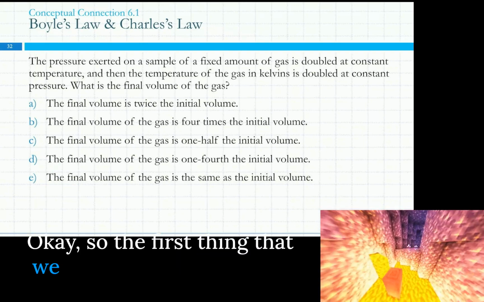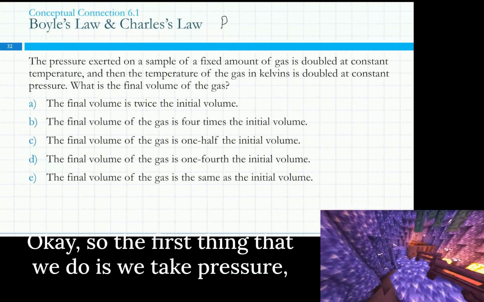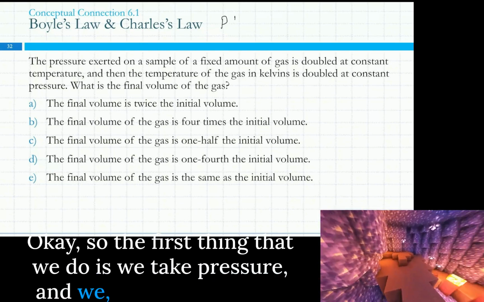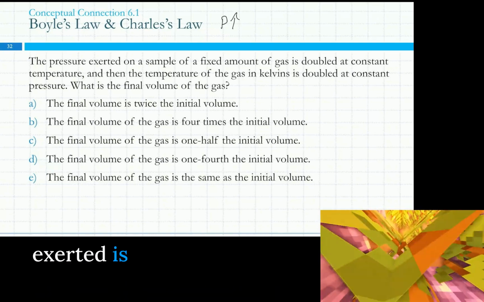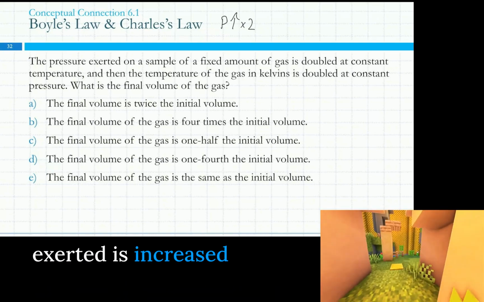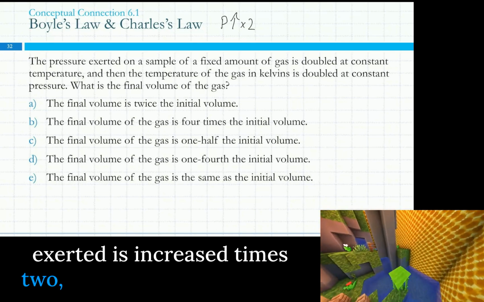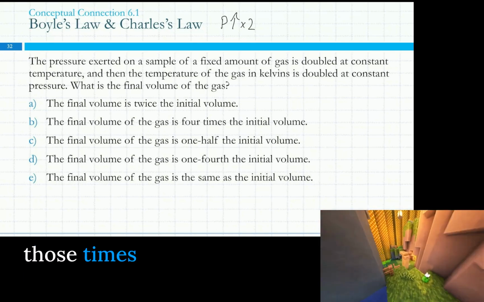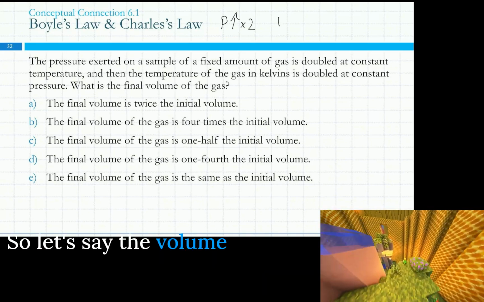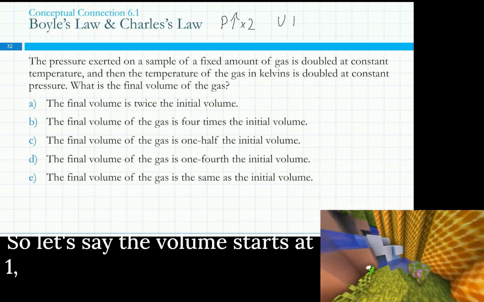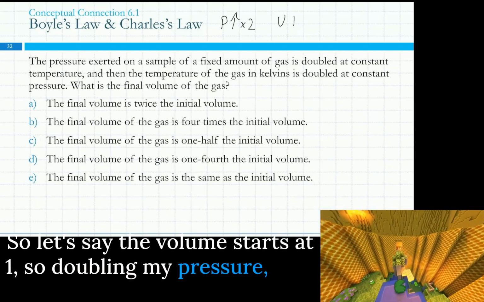The first thing we do is take the pressure exerted, which is increased times 2. And again, this is one of those times where picking a number helps to clarify things. So let's say the volume starts at 1. Doubling my pressure, how would that change the volume?